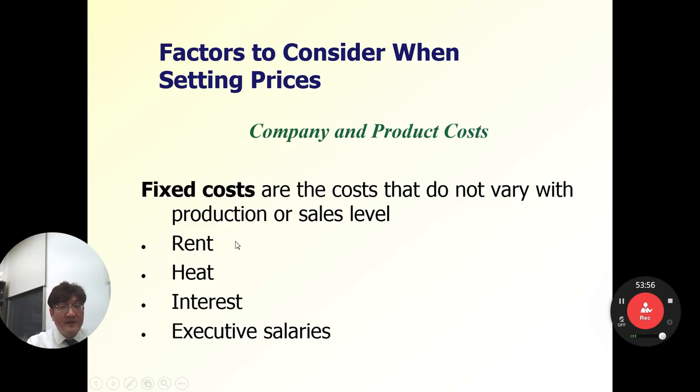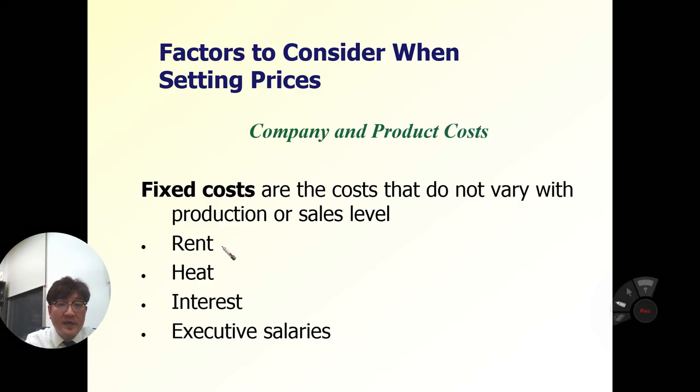If you make 1,000 units, then the rent per unit is going to be $1. Hold on, I have to write it again. Suppose you pay rent of $1,000 and you make a quantity of, say, 1,000.